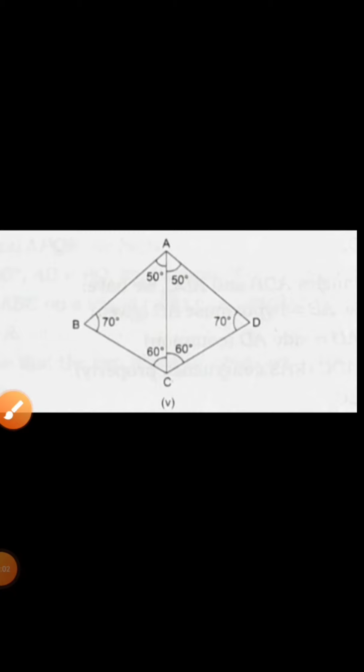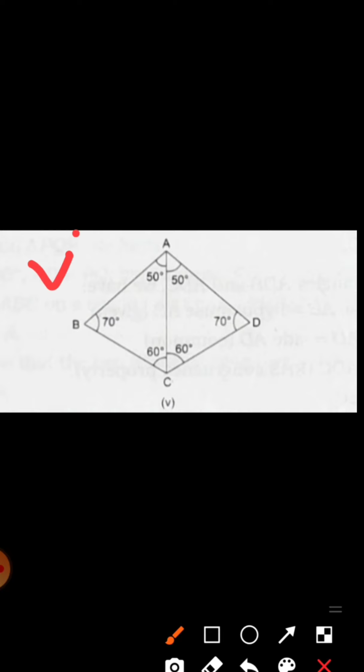Now come to the fifth part of question number 2. Here we have a quadrilateral ABCD which is divided into two parts, and now we have two triangles ABC and ADC.